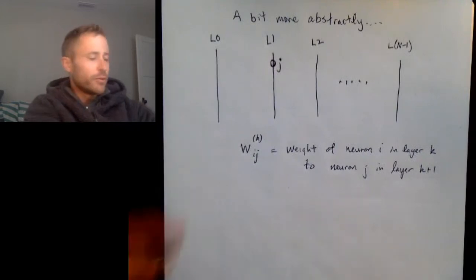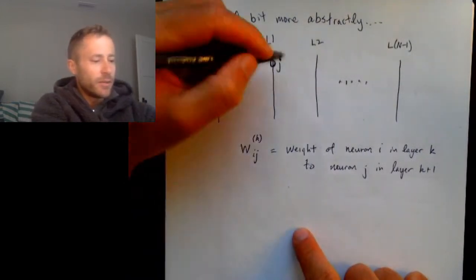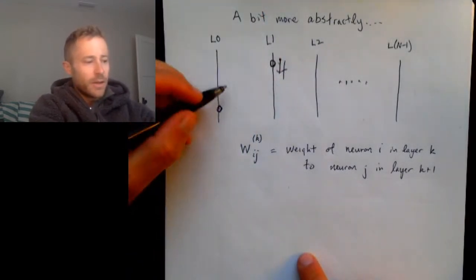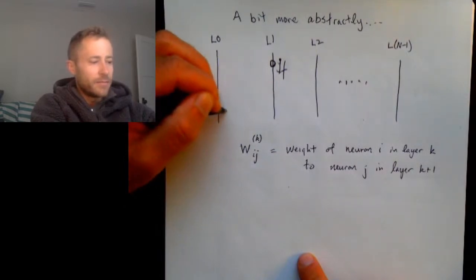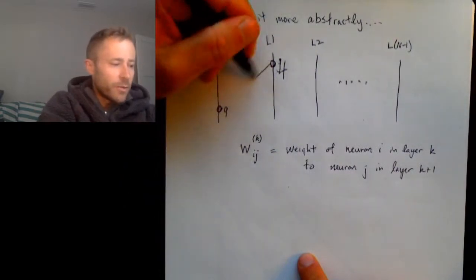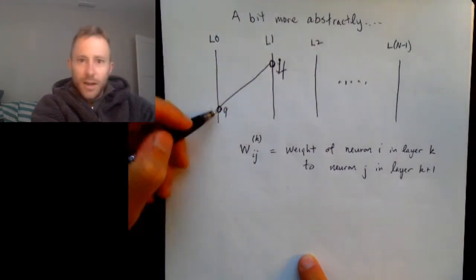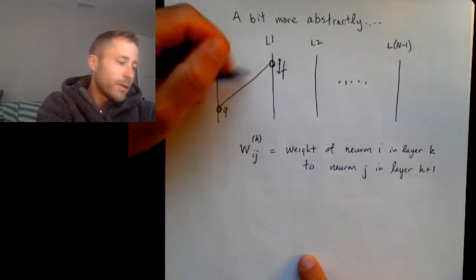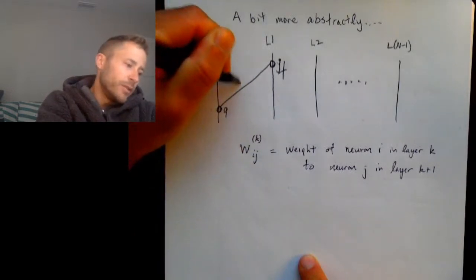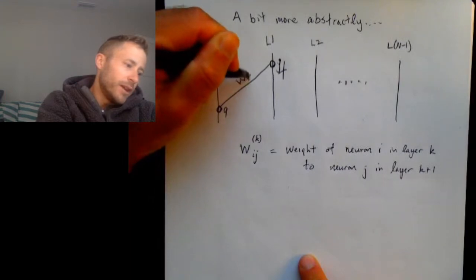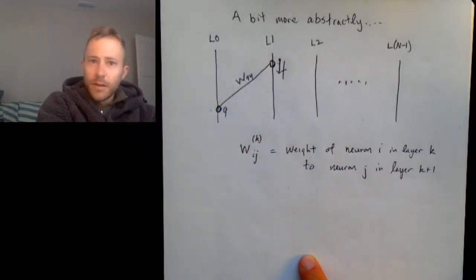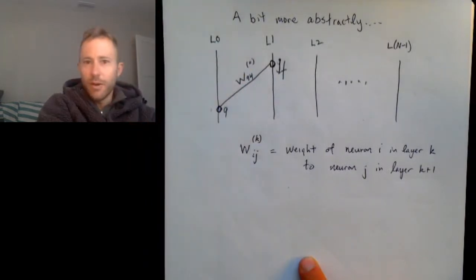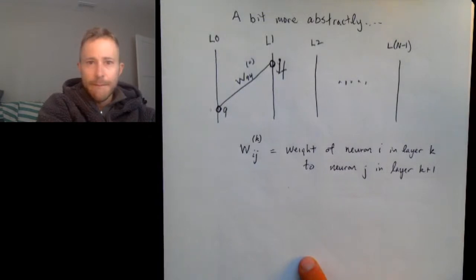So, for example, let's suppose that this is neuron 4, and this is neuron 9 in layer 0. This link weight is going from neuron 9 in one layer to neuron 4 in the next layer. So the link weight would be W94, and it's going out of layer 0, so I would have parentheses 0 up there. All right.